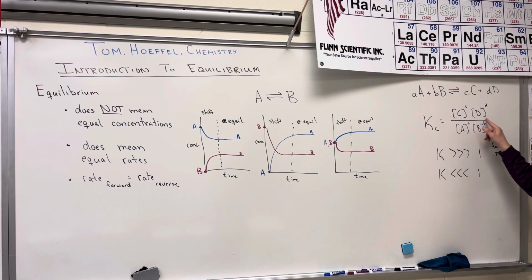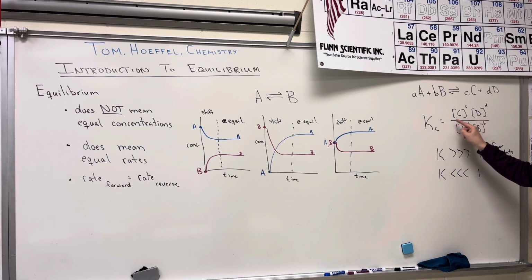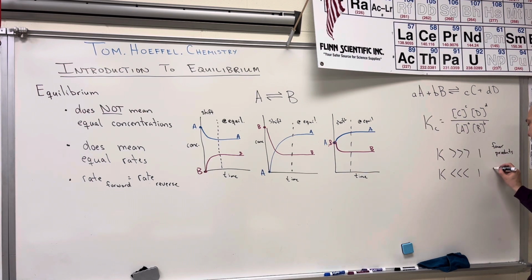Well, that's by having your denominator be much larger than your numerator. And if my denominator is much larger than my numerator, then I'm going to get a small K value. And if that denominator is larger, that means it's going to favor the reactant side.